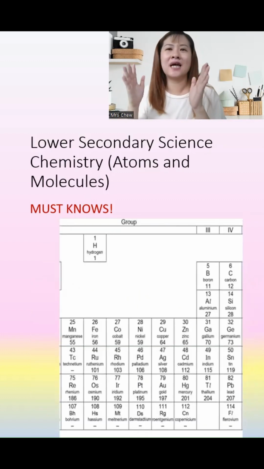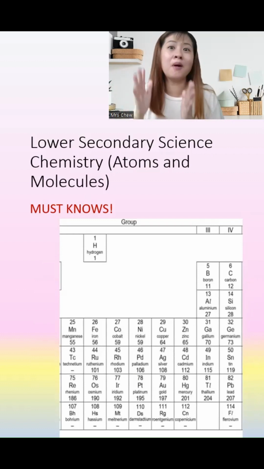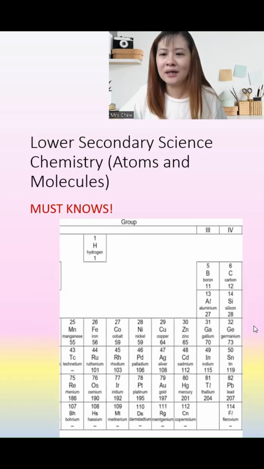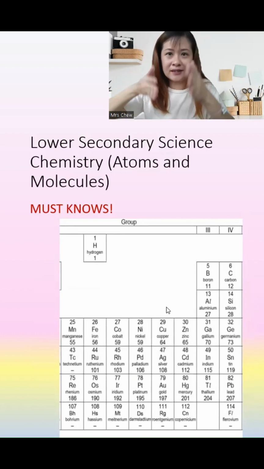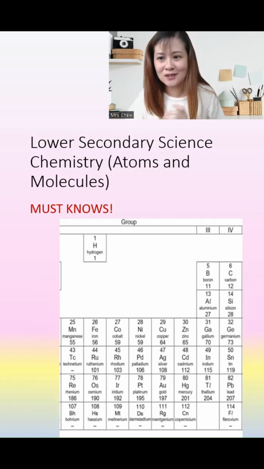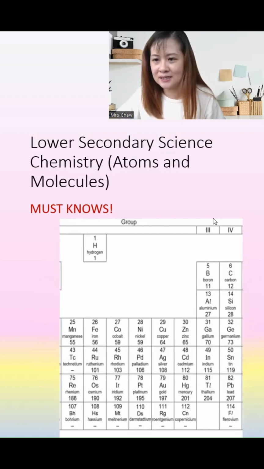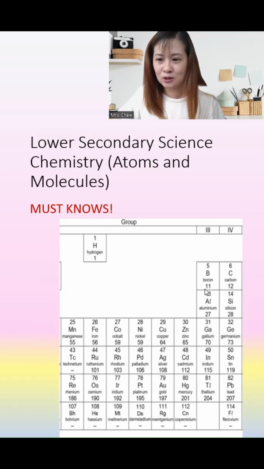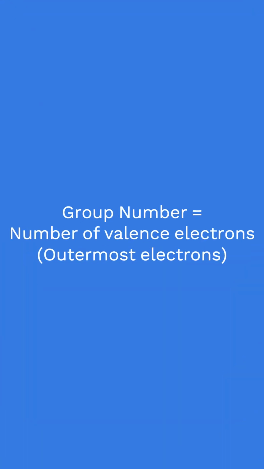So this is how a small section of our new periodic table looks like. And I want to highlight to you the vertical columns are called groups. So for example, this is the Roman numeral for 3. So this is group 3 and this is group 4.